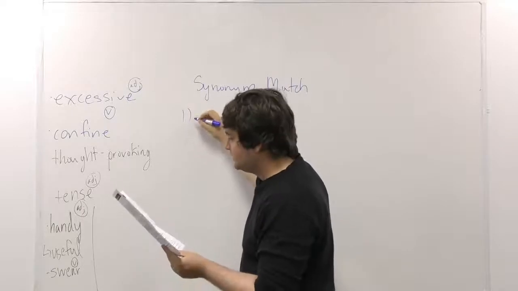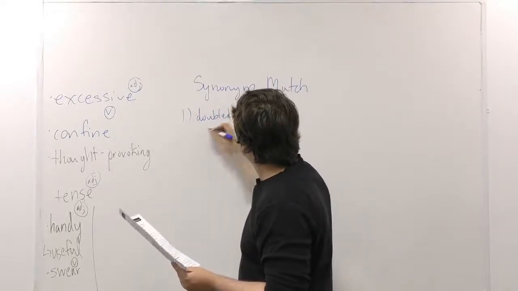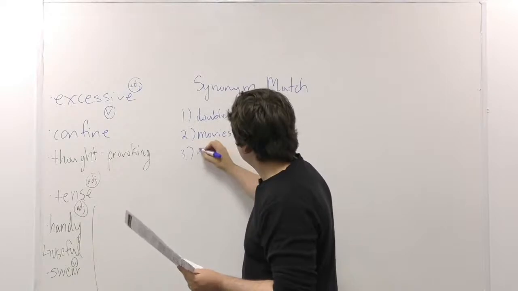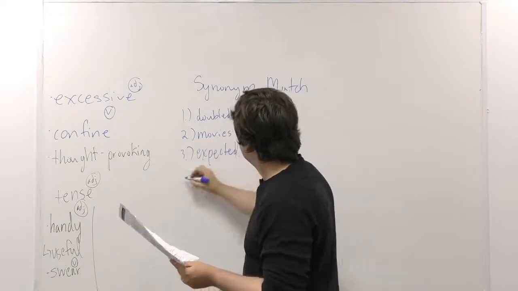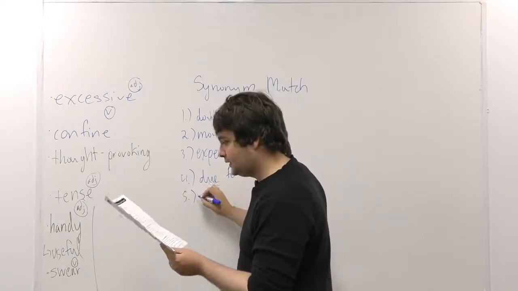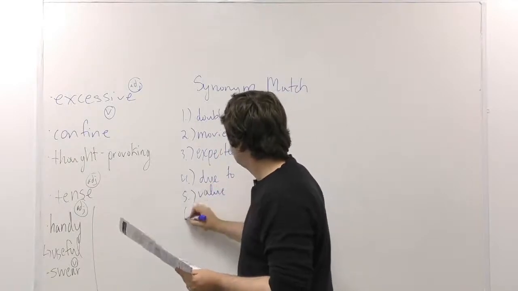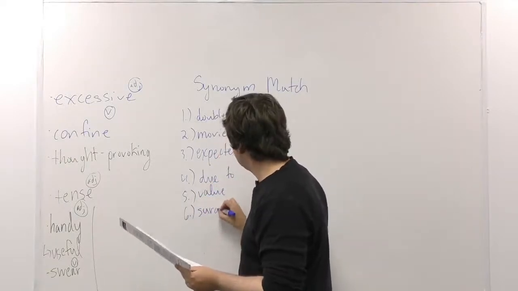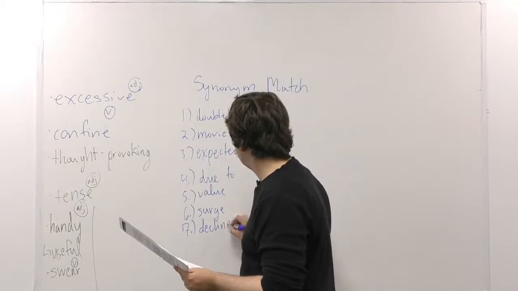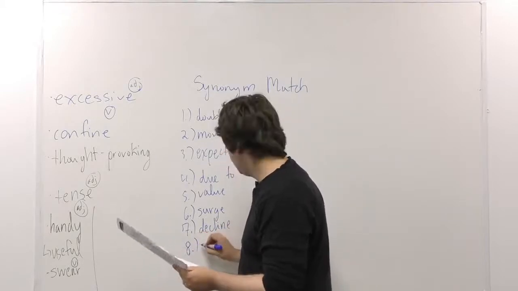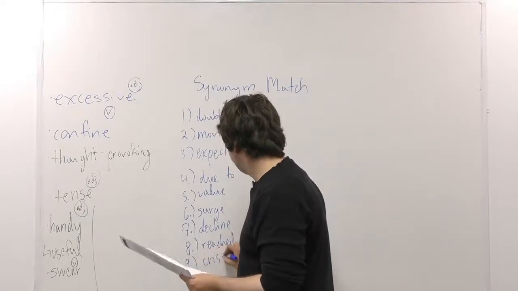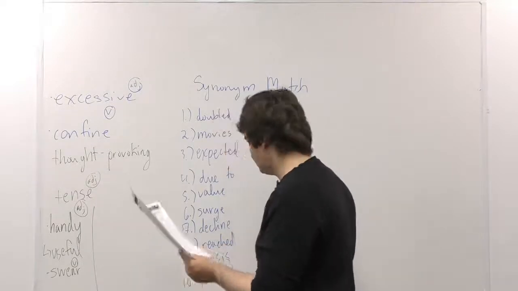Okay, 1, doubled, 2, movies, 3, expected, 4, we've got due to, 5, value, 6, surge, 7, decline, 8, we've got reached, and 9, we've got crisis, and 10, we have producing.